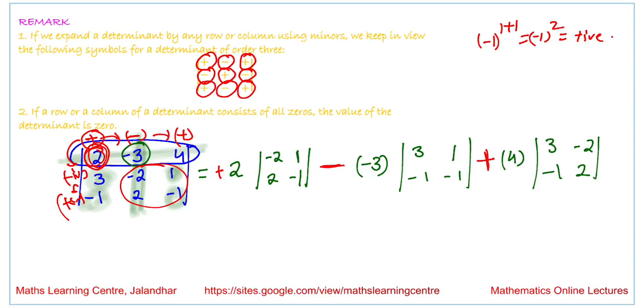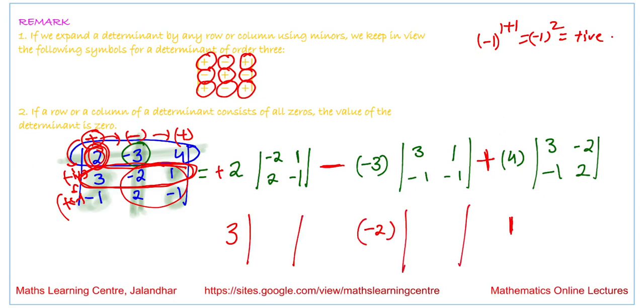Now suppose for the same matrix, for the same determinant, we are using the second row. So we have 3, minus 2 and 1 over here. We write the minors corresponding to these terms. Corresponding to 3, it is minus 3, 4, 2 and minus 1. Corresponding to minus 2, we have 2, 4, minus 1 and minus 1.